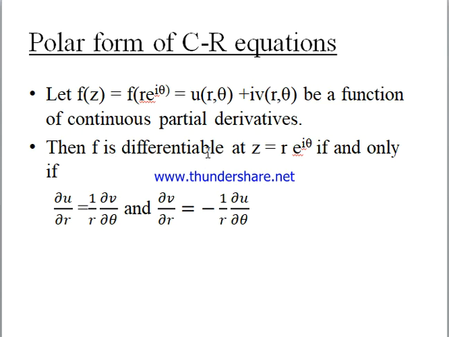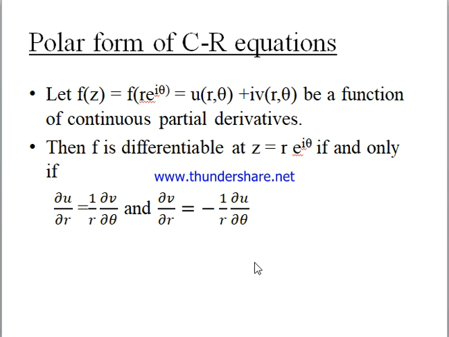Then f is differentiable at z = re^(iθ) if and only if ∂u/∂r = (1/r) ∂v/∂θ and ∂v/∂r = −(1/r) ∂u/∂θ. These are the two equations for the polar form of the CR equations.